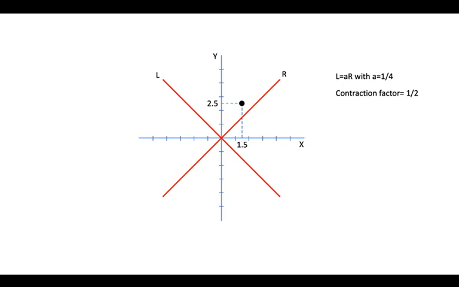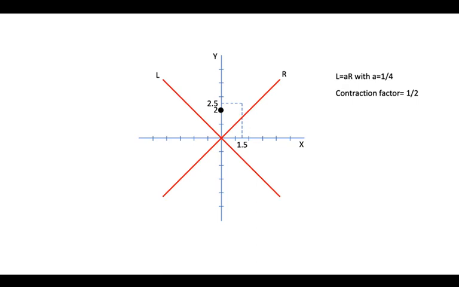First, we contract along the r direction by a factor of 1/2. Here it is. Now we expand along the L direction by a factor of 2. Here it is. The point ends up on the y-axis, where x is equal to 0 and y ends up being 2.